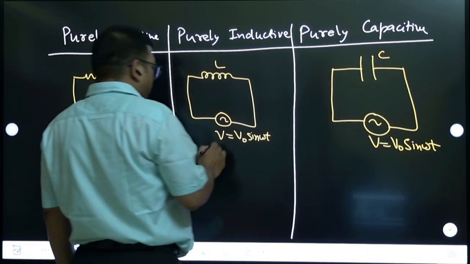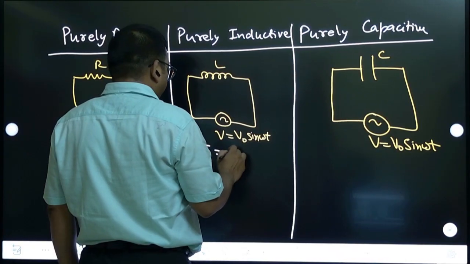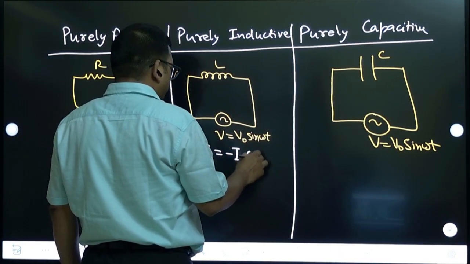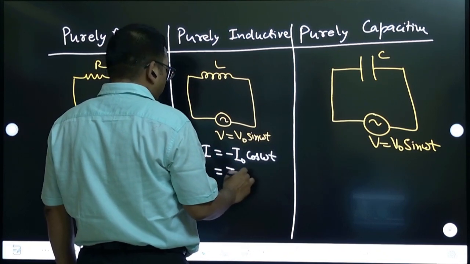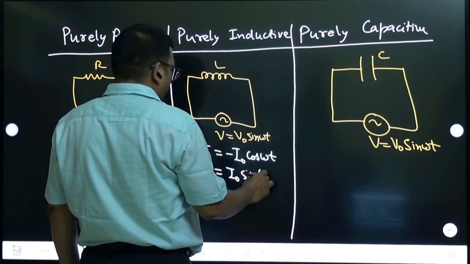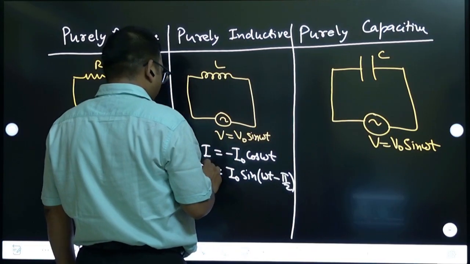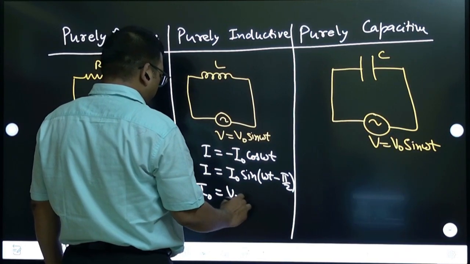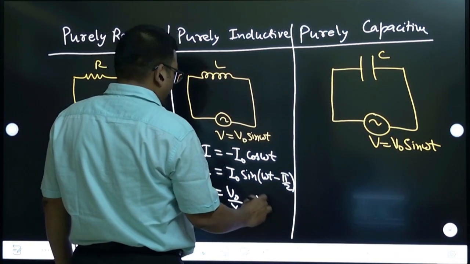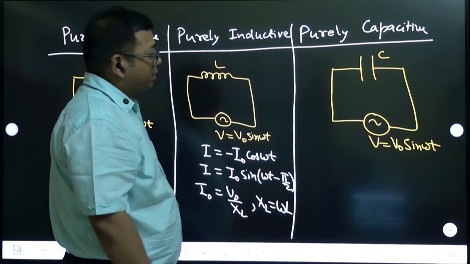Similarly, for the inductor, current I is equal to minus I naught cos omega t, which can also be written as I naught sine omega t minus 90 degree or pi by 2. Here I naught is equal to V naught by XL, where XL is equal to omega L, the inductive reactance.